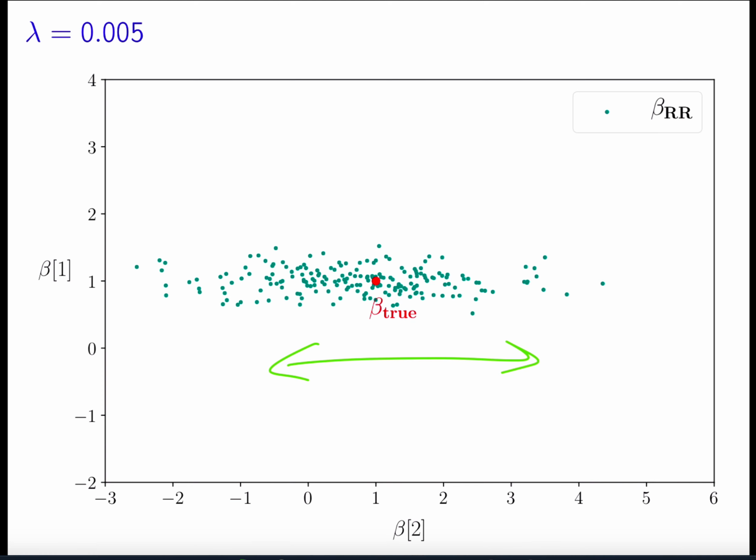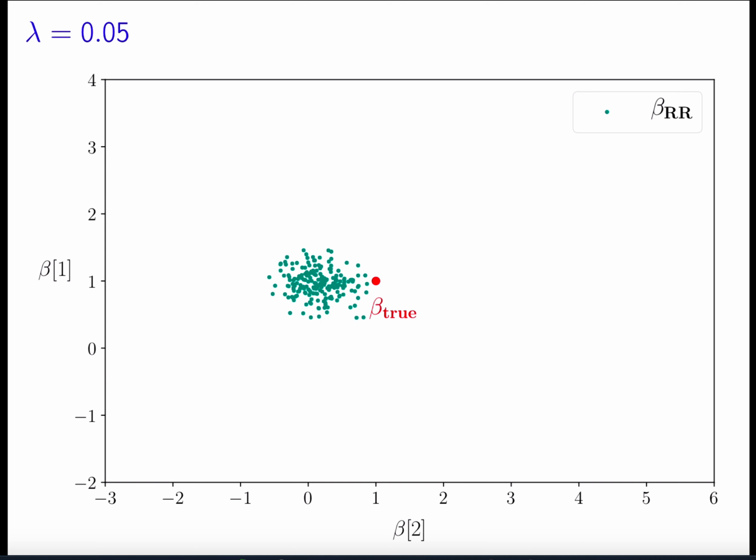Here the singular vectors are aligned with the axes just to make our life easy. When we look at the estimate for the coefficients, for small lambdas, which is what we would observe also for ordinary least squares, we have a lot of variance. These are different realizations of the data, and the estimates we obtain are all over the place in that direction because we have a small singular value. So the error is exploding in that direction.